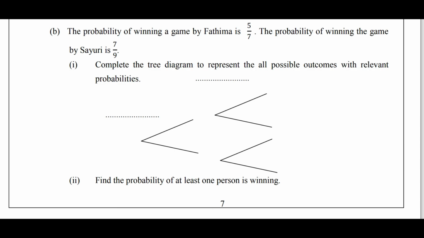We are first giving Fatima, therefore I will write Fatima here, and the other one is Sayuri. The results could be win or lose. Win or lose. Sayuri also can either win or lose. Then win or lose here.